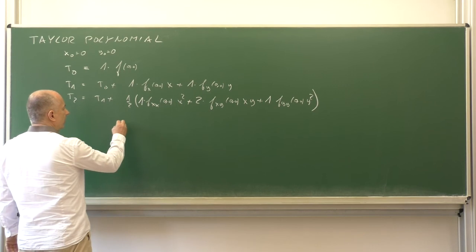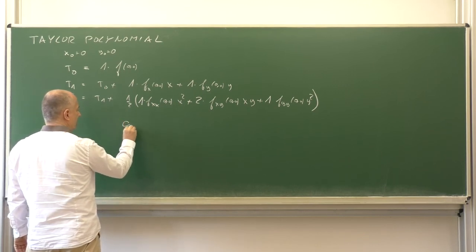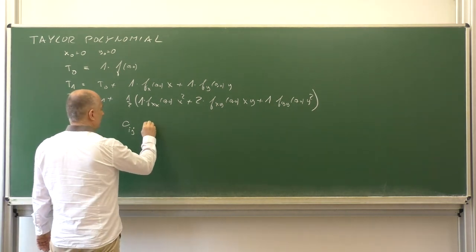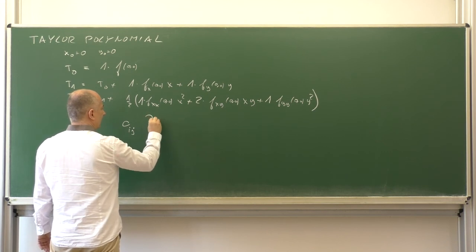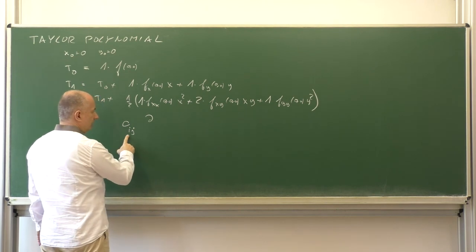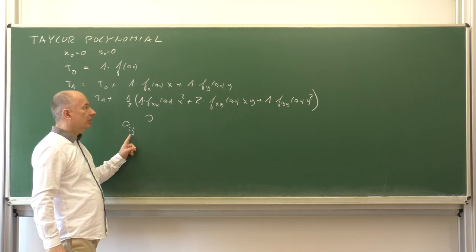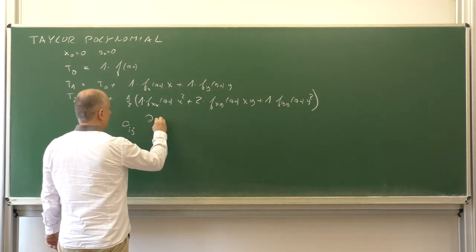So we can write it as some coefficient, let's call it Cij, times the partial derivative of f with respect to x i times, and with respect to y j times.